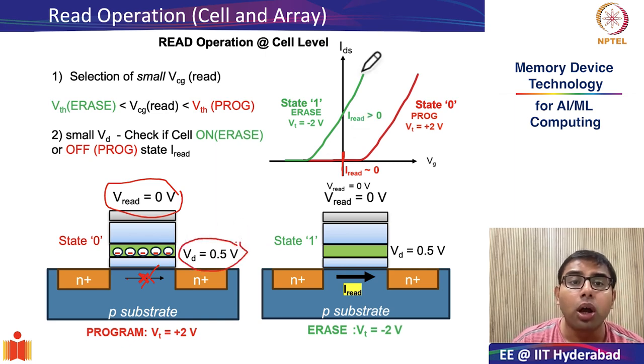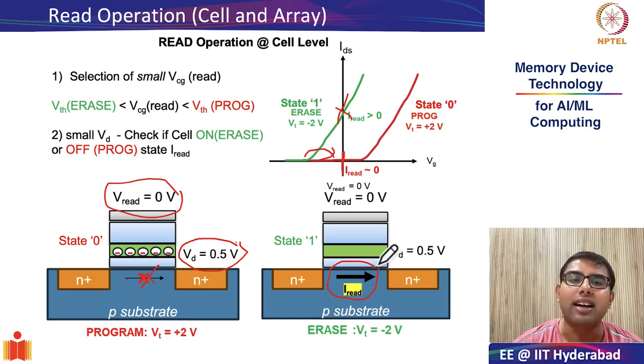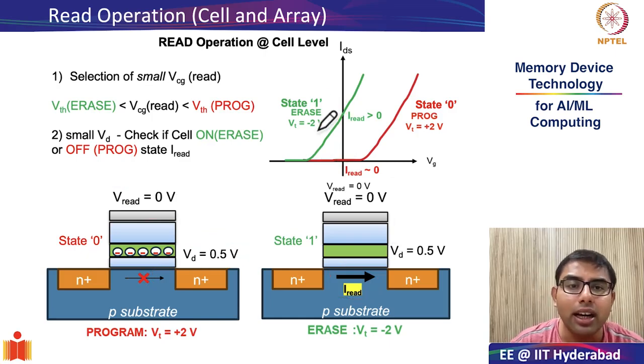However, in the erase state, because the read voltage was selected such that it is higher than the threshold voltage of the transistor, this flash cell in the erase state will be in the on state. So you will be able to measure a significant amount of read current because the cell is on.